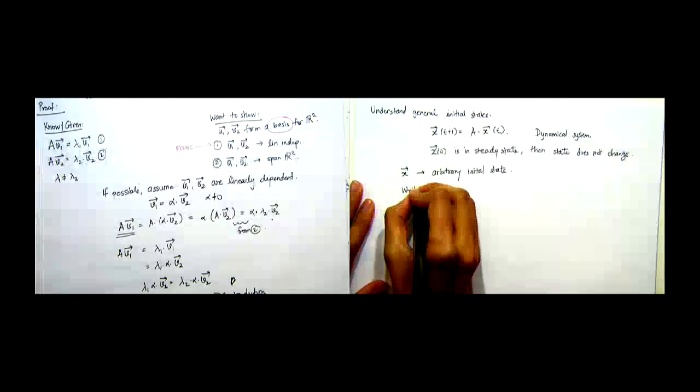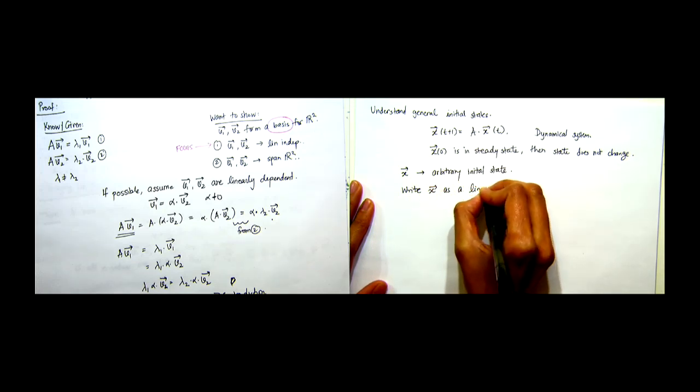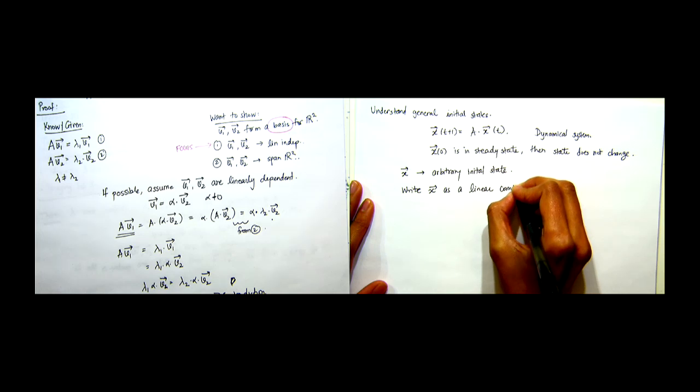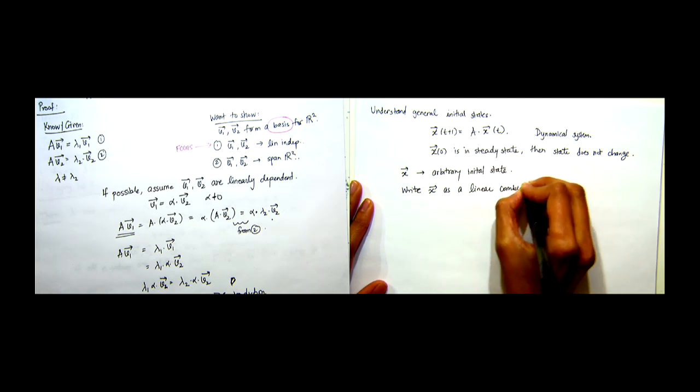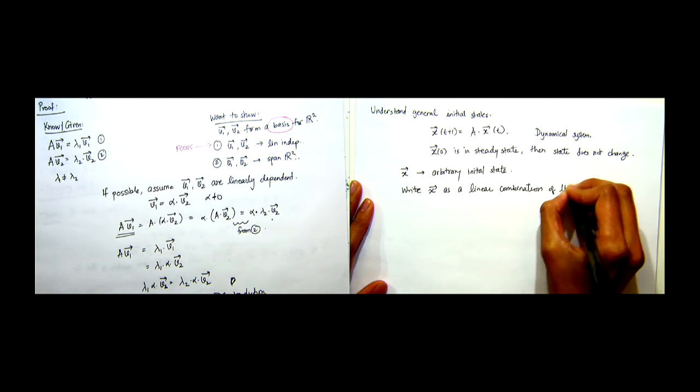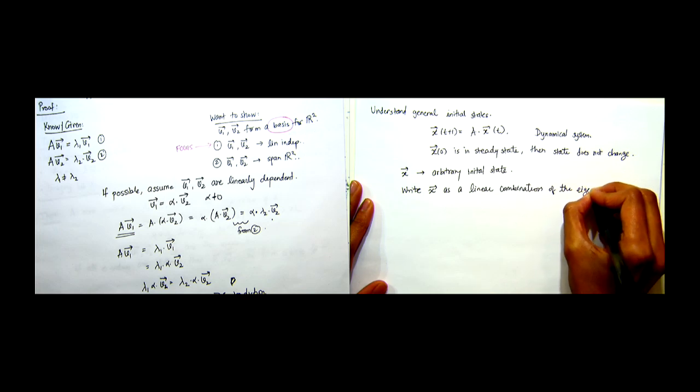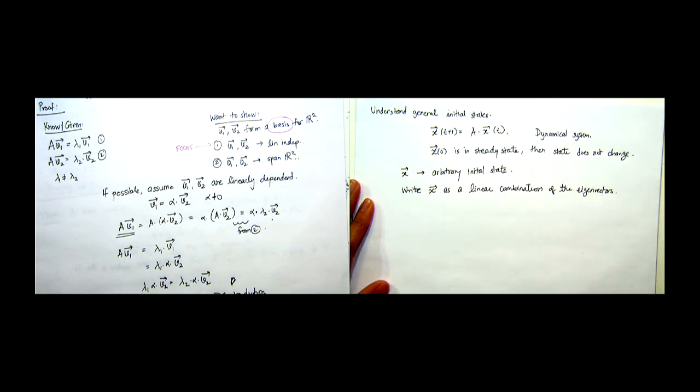We can write x as a linear combination of the eigenvectors.